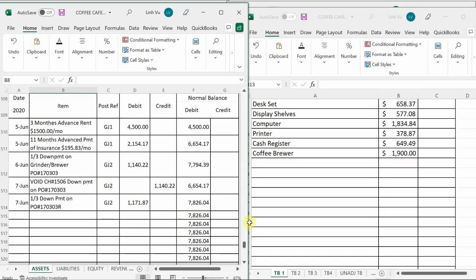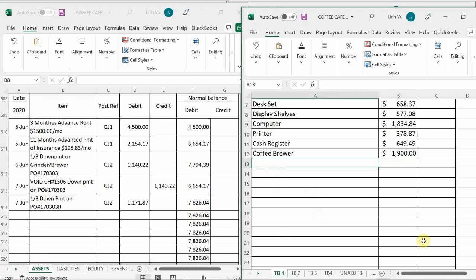All right, so what's my account balance in my prepaid accounts? $782,604. Okay.